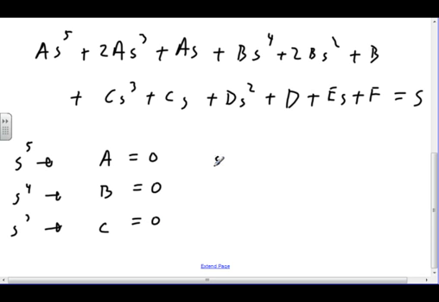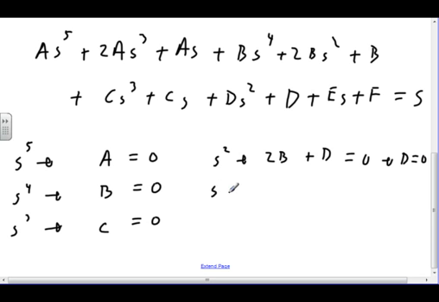I look at the s squared term, 2B plus D is equal to 0, implying D is equal to 0.